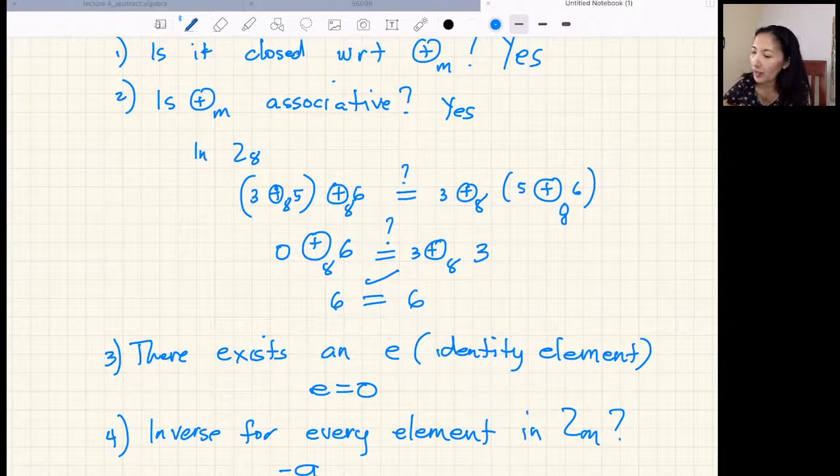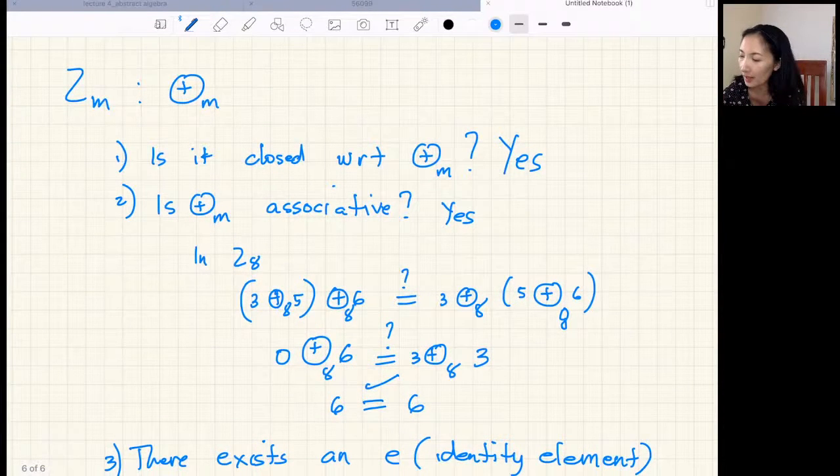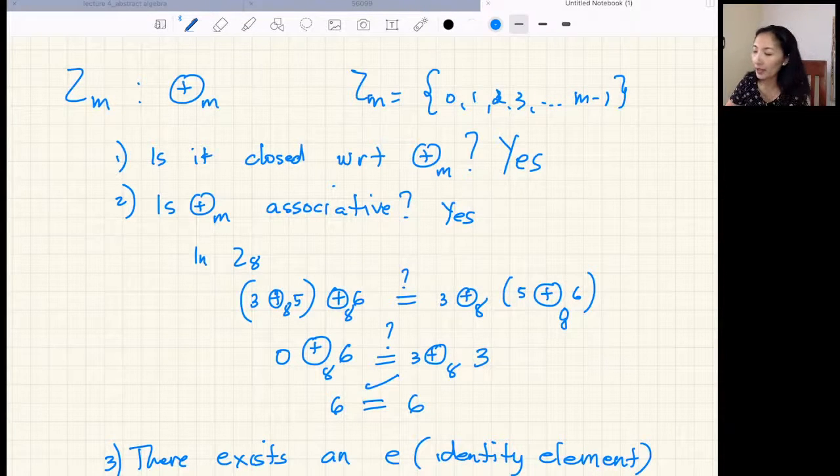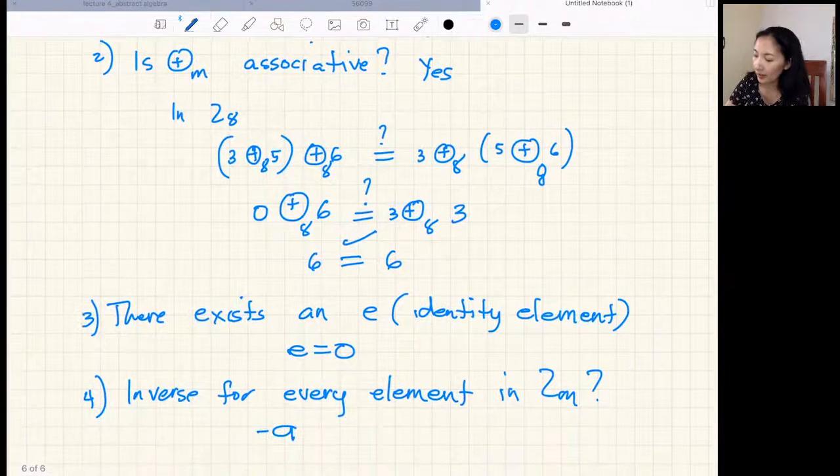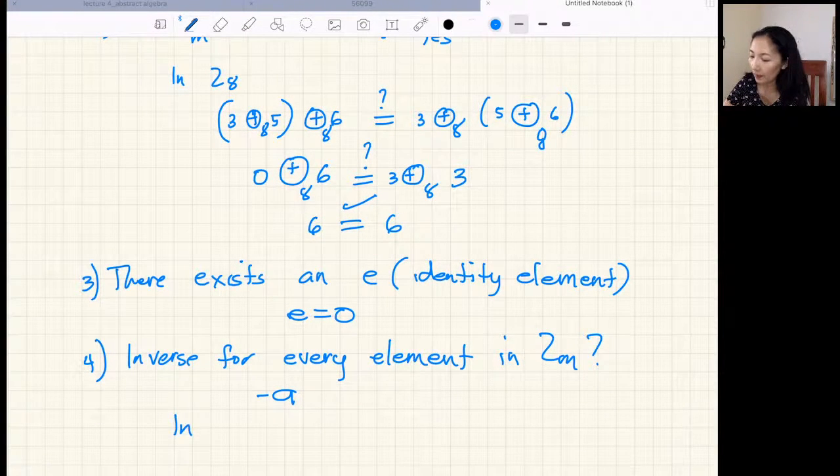Take note that your Z sub m has the elements 0, 1, 2, 3, until m minus 1. Inverse of, let's say, in Z sub 8. Inverse of 1, what is it equal to? What should I add to 1 to get 0? Remember that our identity element is 0.